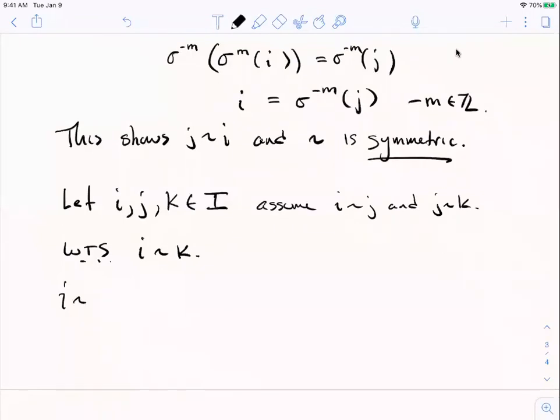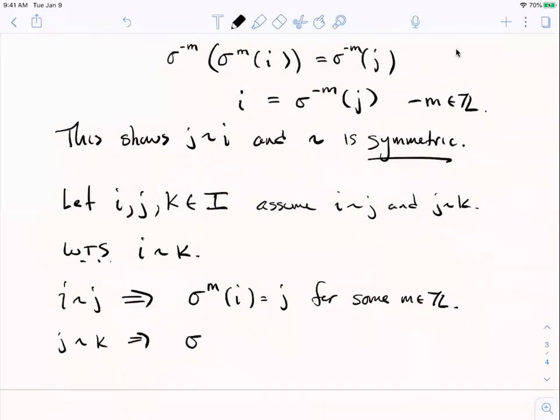If i is related to j, then that means that sigma to the m of i is equal to j for some integer m. And likewise, if j is related to k, well, then sigma to the, I'm running out of letters, I can't use n, I'm going to use an L. Sigma to the L of j is k.